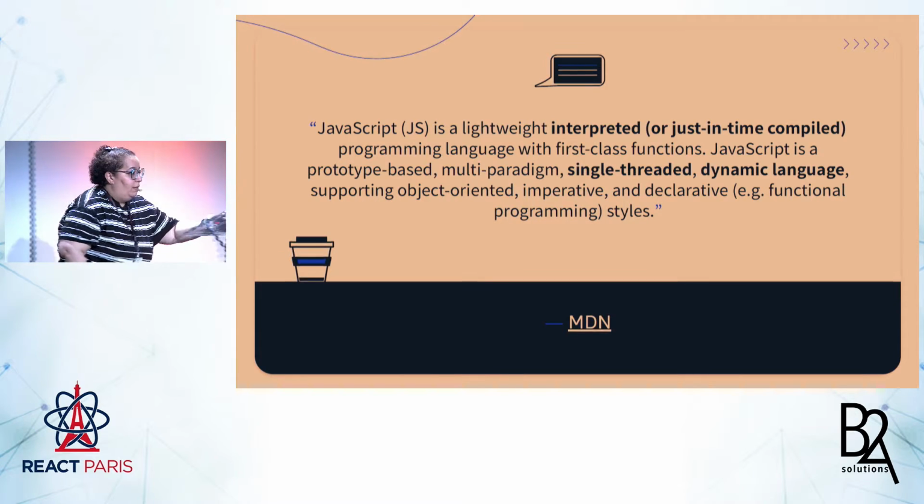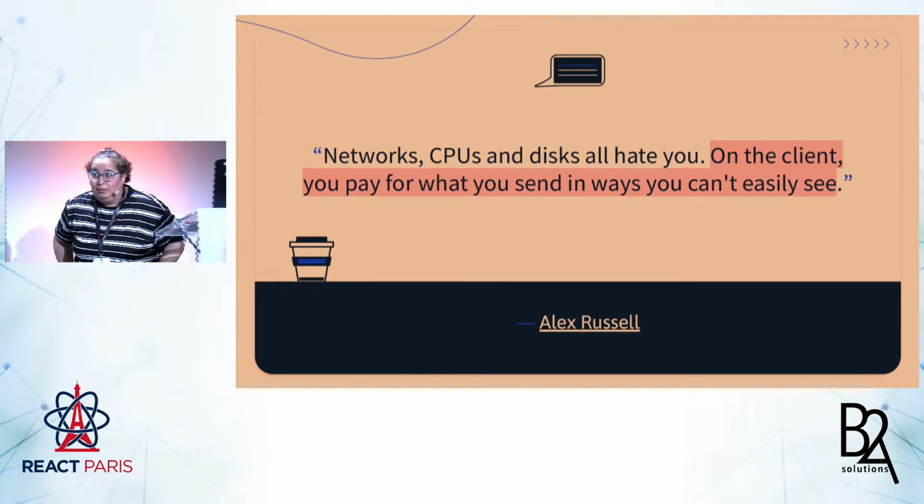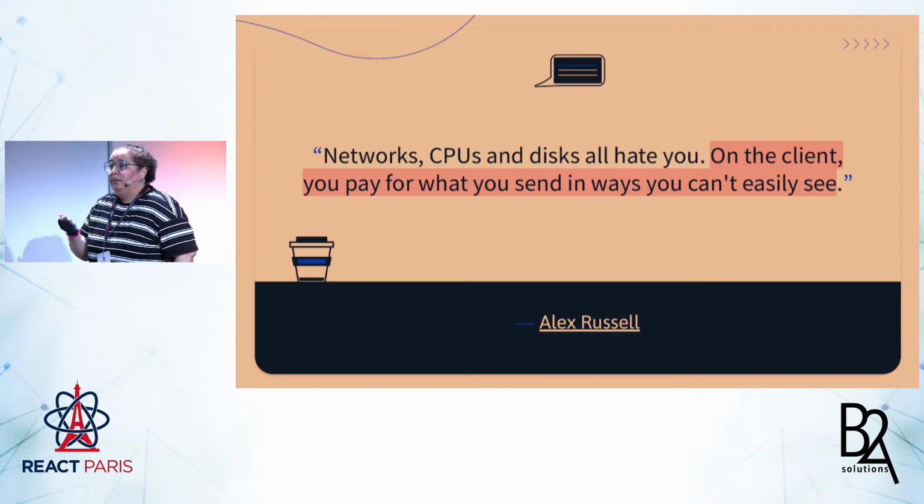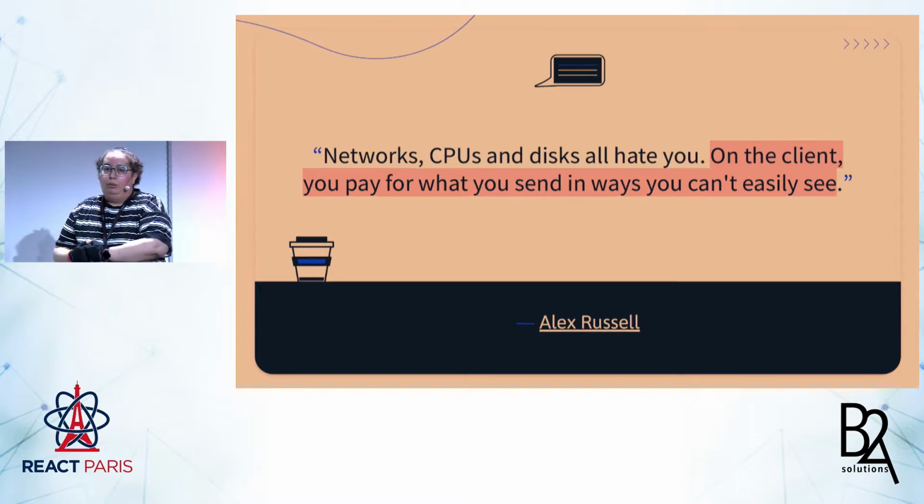What I mean is that on the client side, we pay for what we code. If we deliver performant code and a good modular application, this will have a good impact on the resources used.